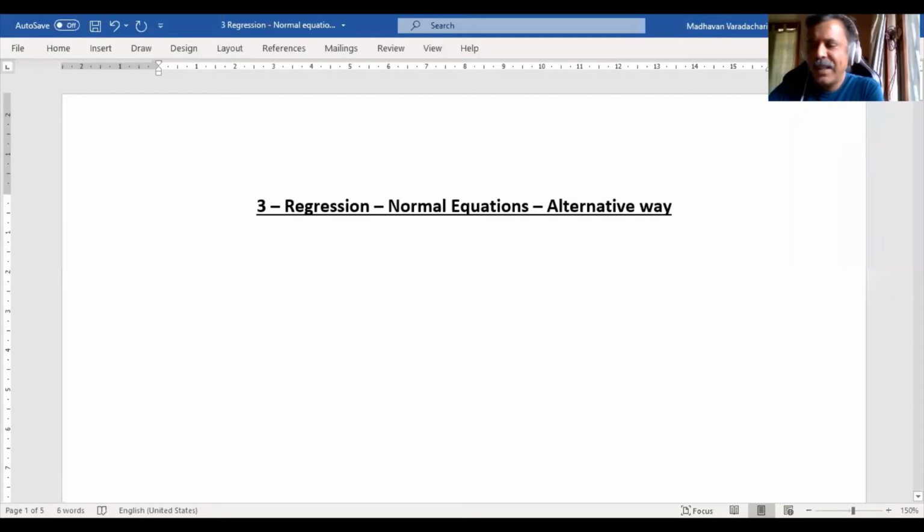Hello everyone. In the previous video, we had understood the method of least squares, and how, using the method of least squares, we arrived at the normal equations.